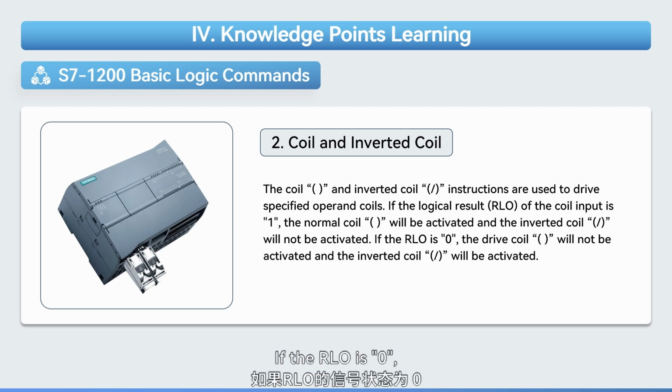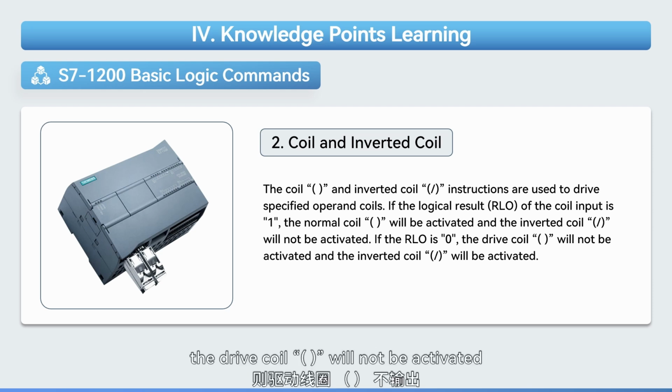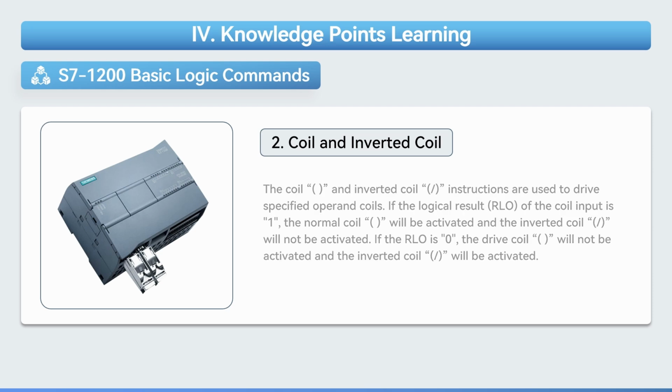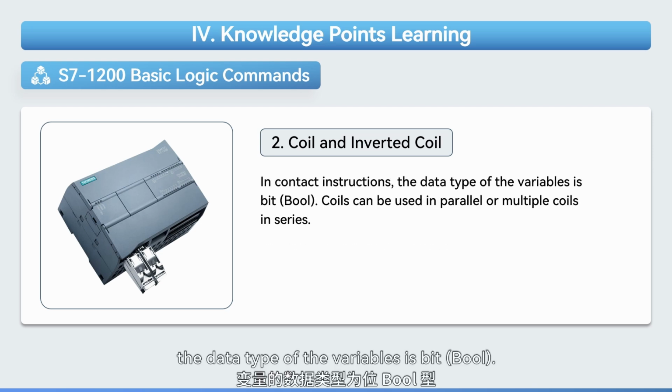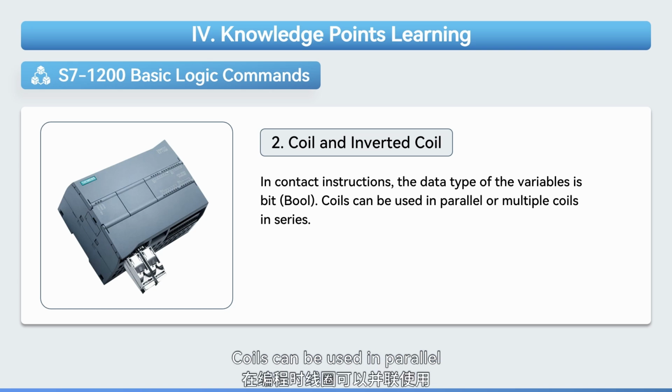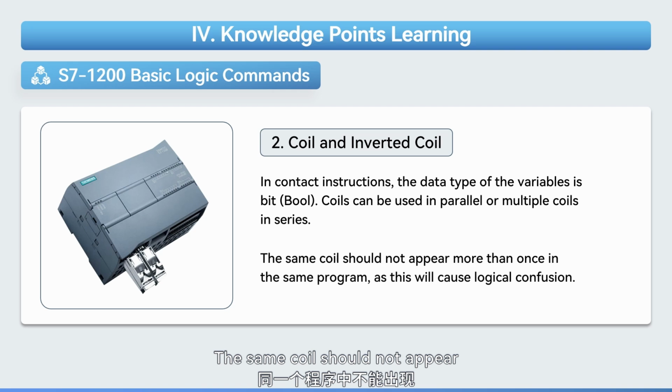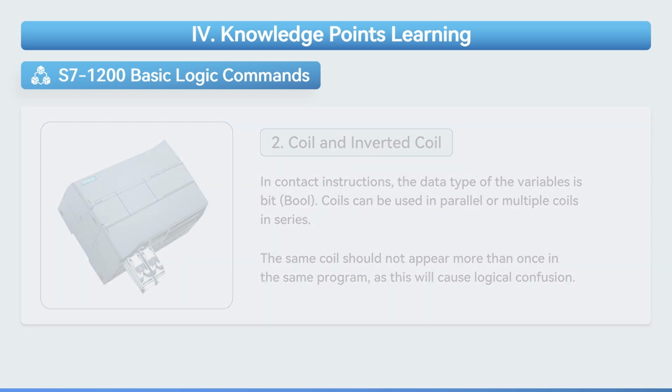If the RLO is 0, the normal coil will not be activated and the inverted coil will be activated. In coil instructions, the data type of the variables is bit, Bool. Coils can be used in parallel, or multiple coils in series. The same coil should not appear more than once in the same program, as this will cause logical confusion.